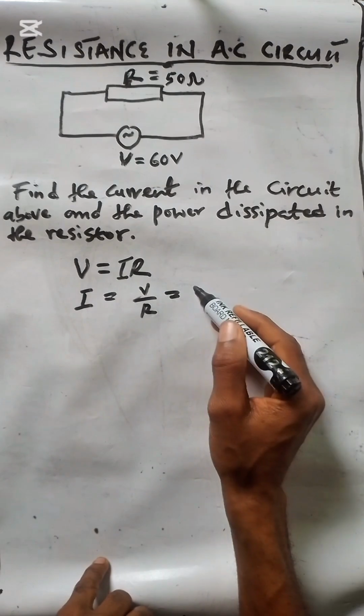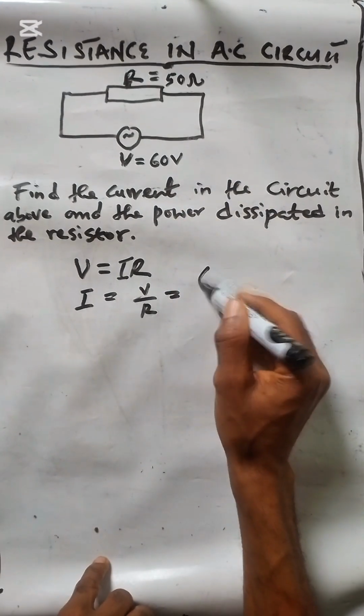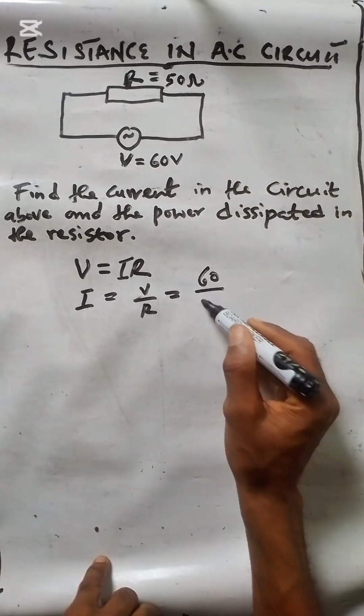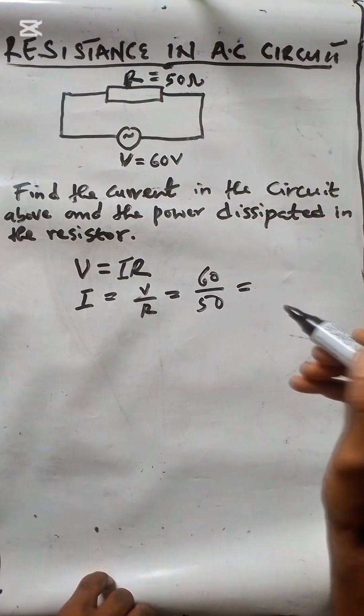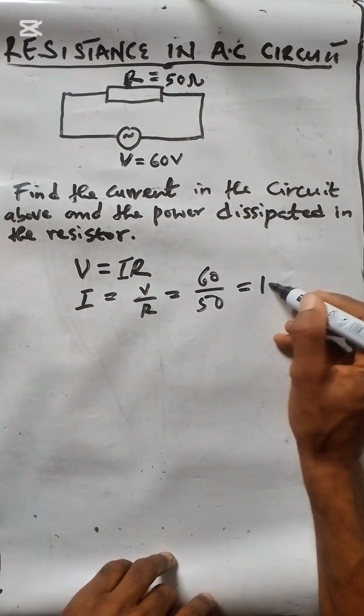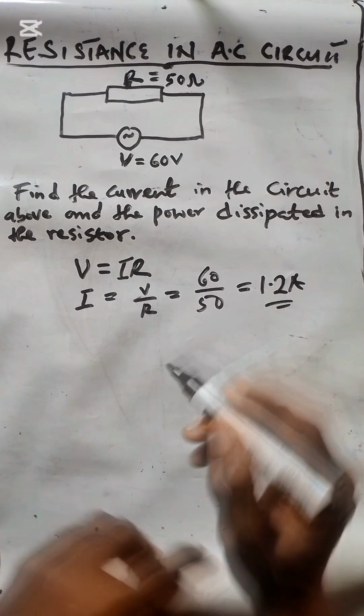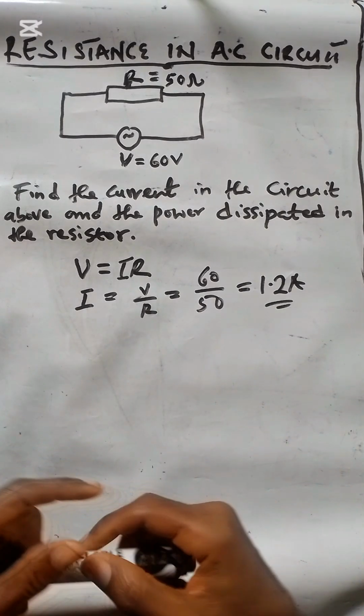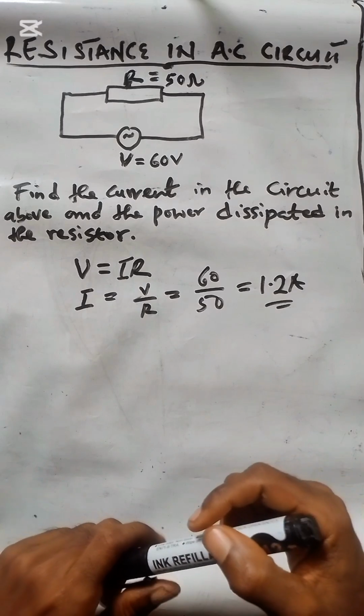Our V, from the question, is 60 volts, and our R is 50 ohms. So when you divide that, you get 1.2 amperes as our current. That is the current flowing through the circuit.